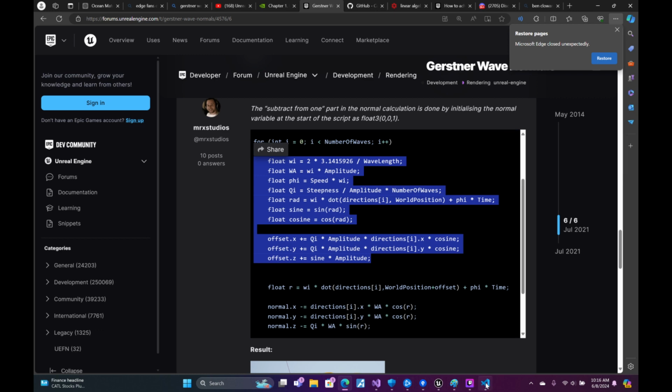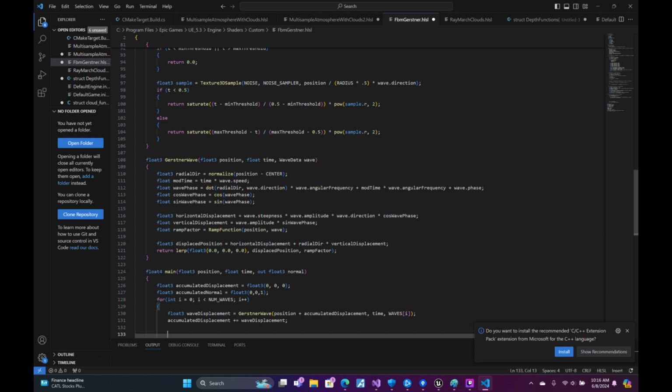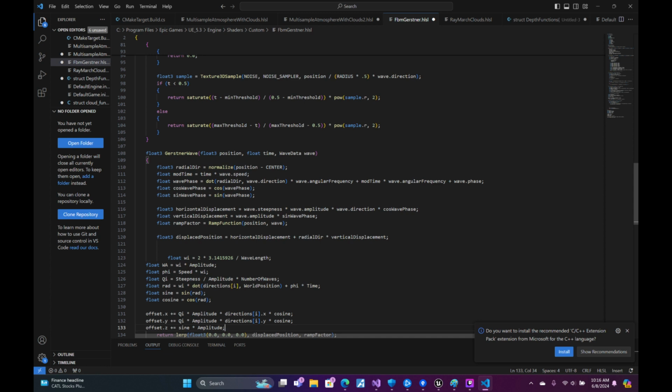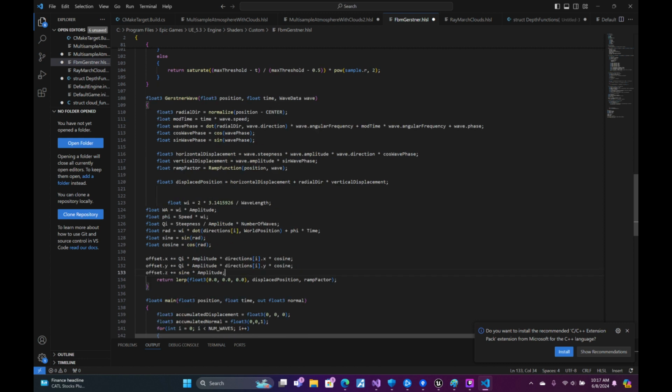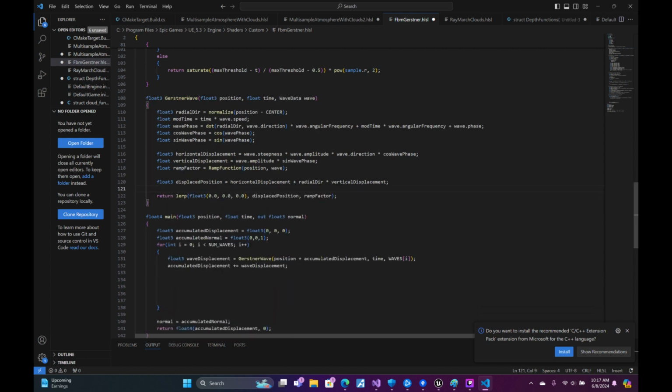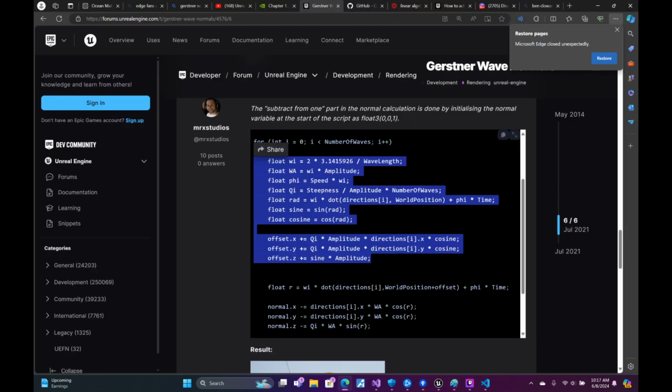I want to look at what this is compared to the Gerstner wave. Because we'll have to change this somewhat.